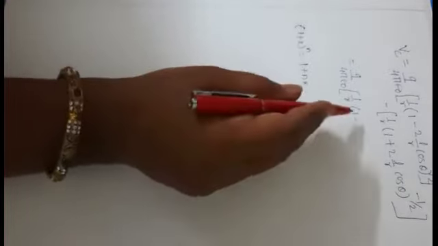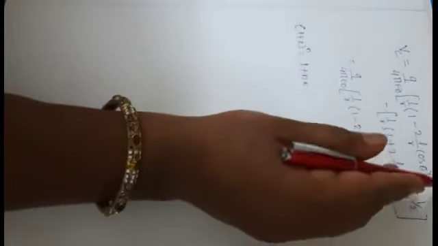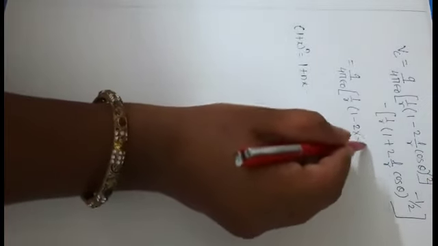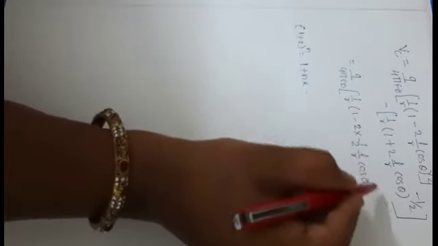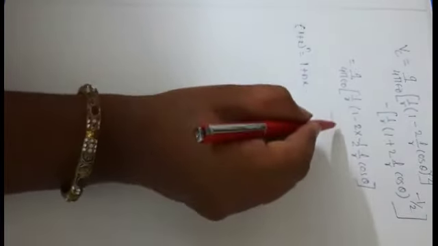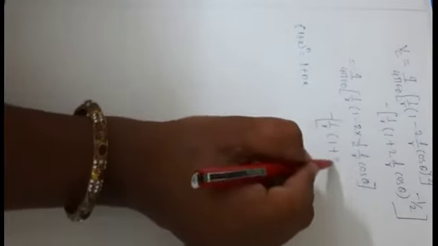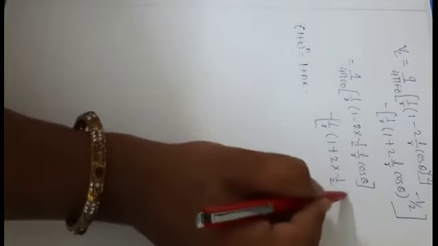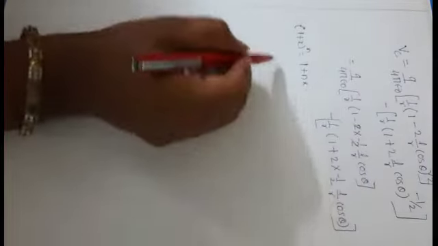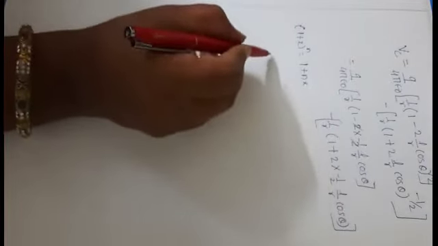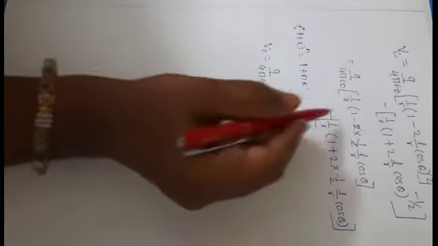So this can be written as 1 minus half times 2L upon r cos theta, and again the second term as 1 plus 2 into minus half L upon r cos theta. Here the 2 gets cancelled.